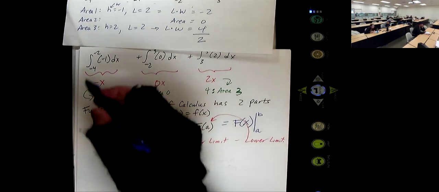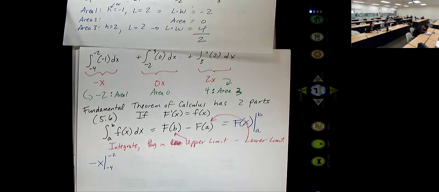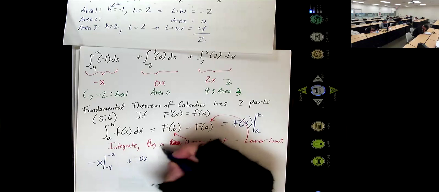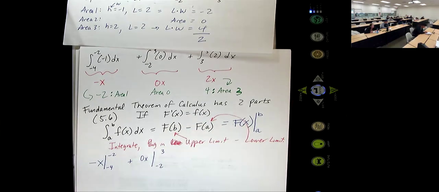So integrating this up here, we get negative x from -4 to -2. I'm actually going to show all 3 parts, just to get you more familiar with it.